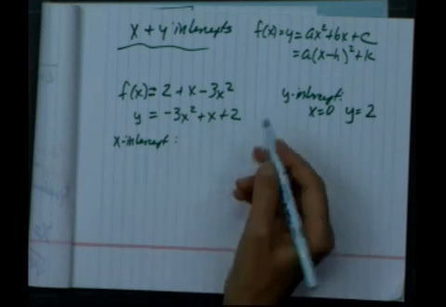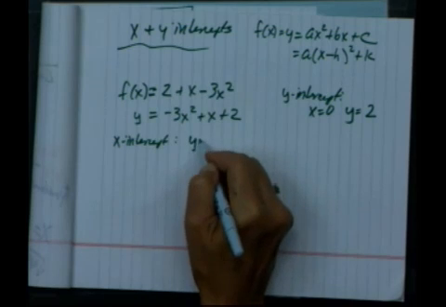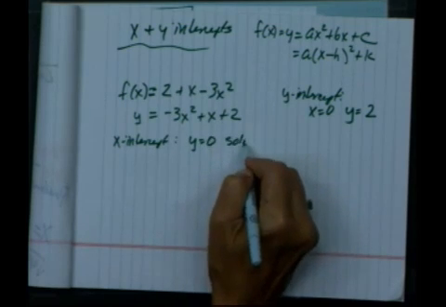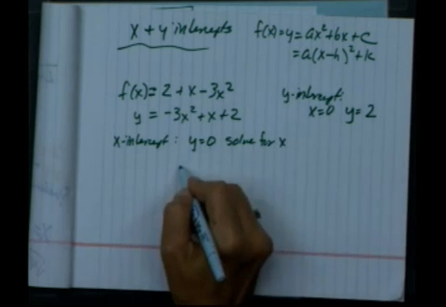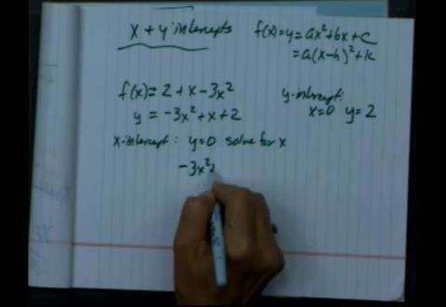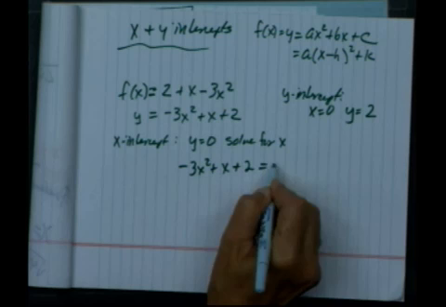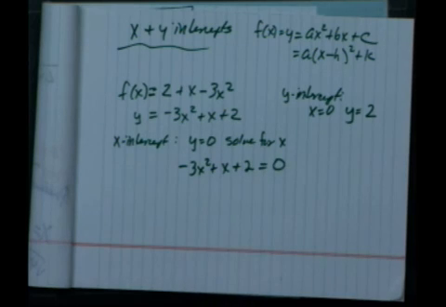So we're going to let y equal 0 and solve for x. So we have negative 3x squared plus x plus 2 equals 0.